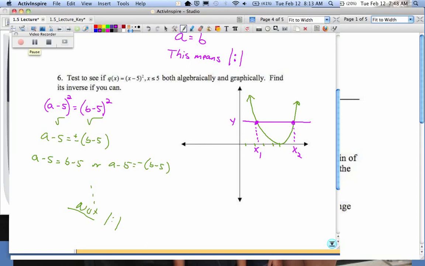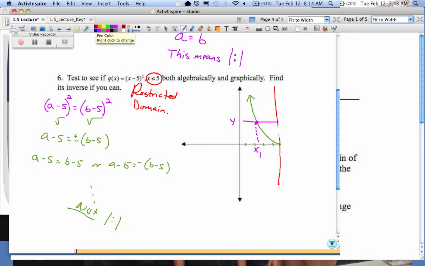I should write that on here in case somebody watches this later on. What we would have to do in a problem like this is restrict the domain to x's less than or equal to 5, and we'd split the graph, like get rid of anything bigger than 5.